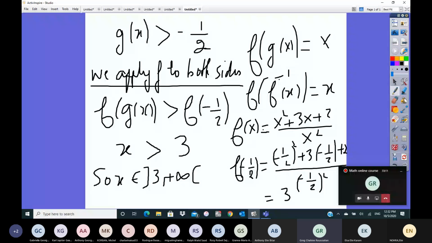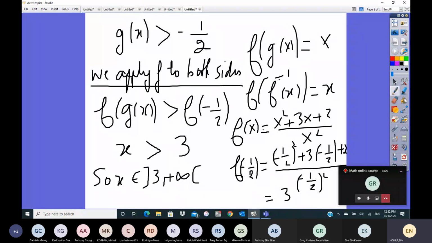In the course we wrote that to prove that g of x is the inverse function of f, it's enough to verify that g round f of x equals x or f round g of x equals x. Here I'm working on a different level.